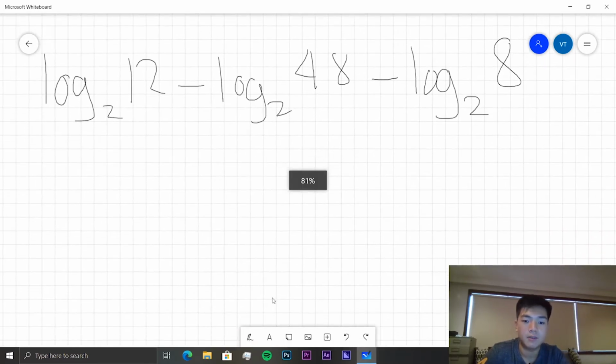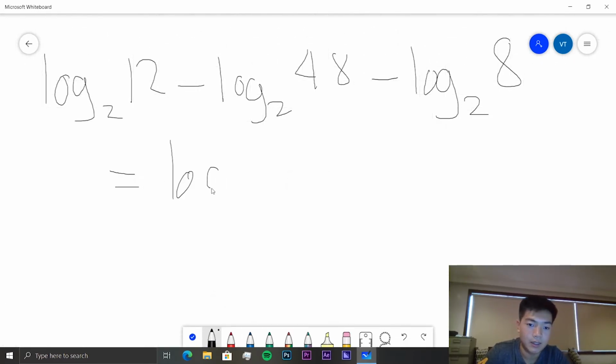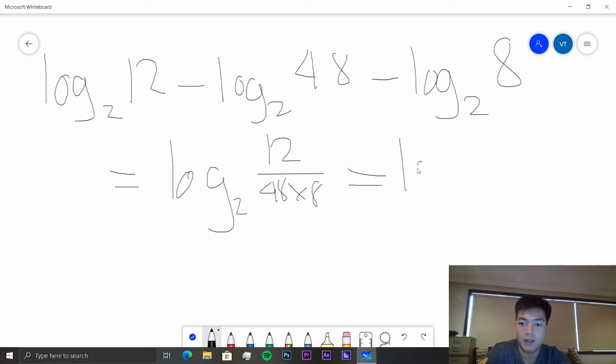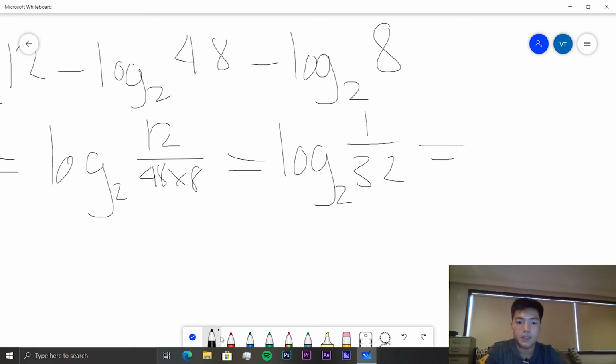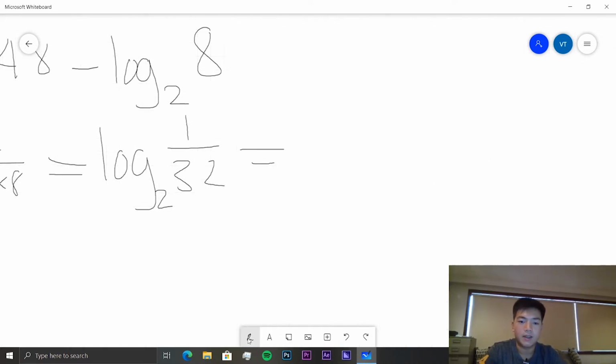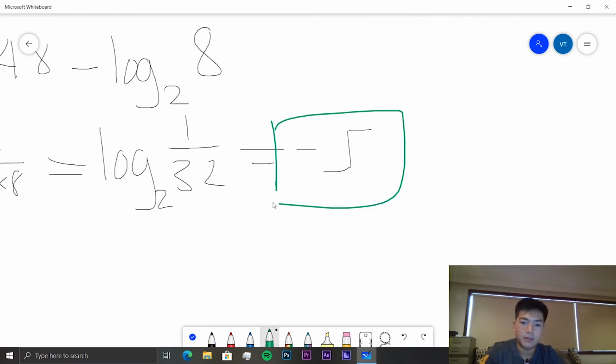And so now we can subtract these. So this is all equal to log base 2 of 12 over 48 times 8, which is equal to log base 2 of, well, 12 over 48 is 1/4 times 8. This is 1 over 32. So this is simply equal to -5, since to get from 2 to 1 over 32, we need to raise 2 to the power of -5. So that should be the answer.